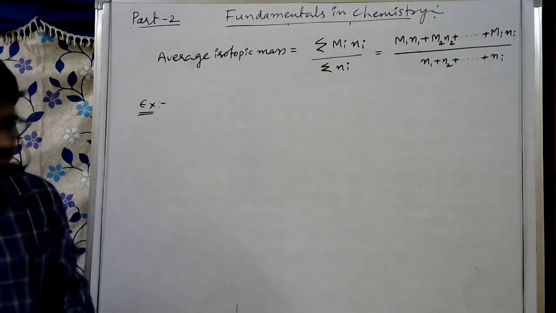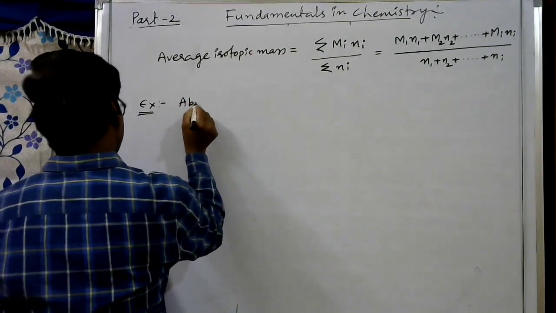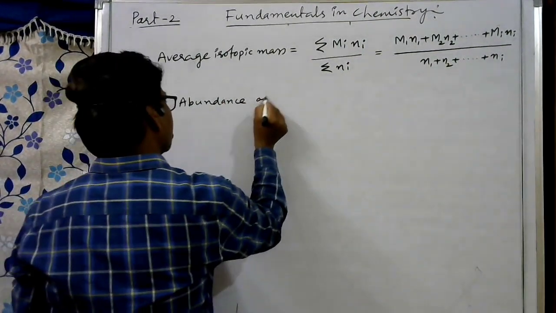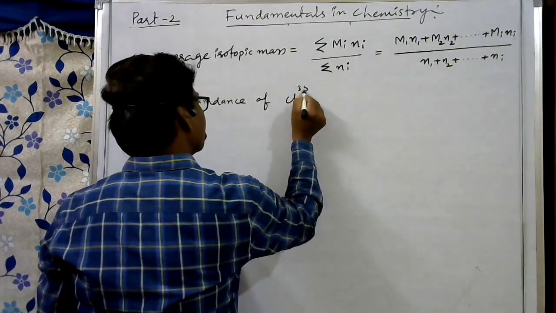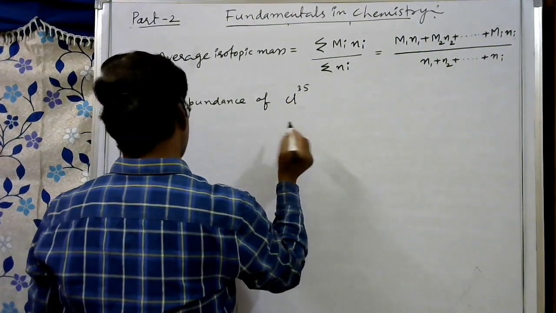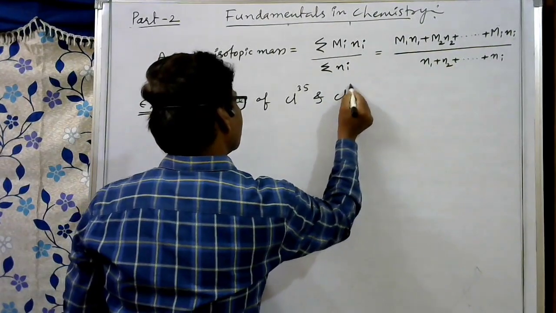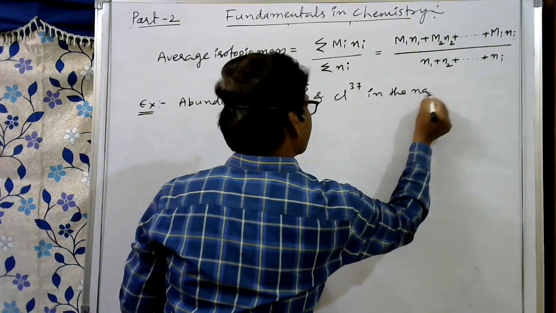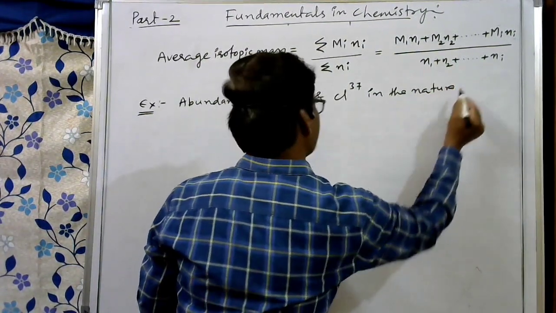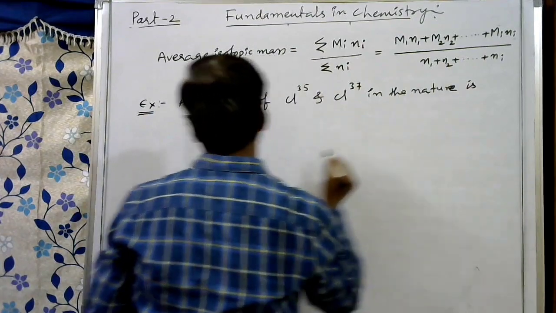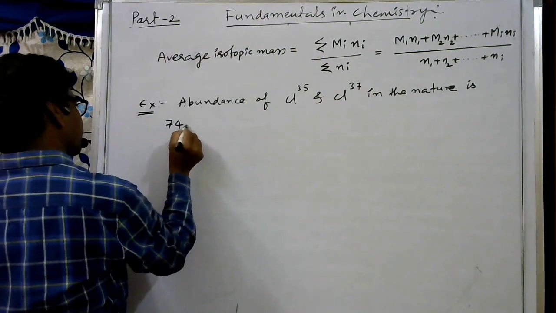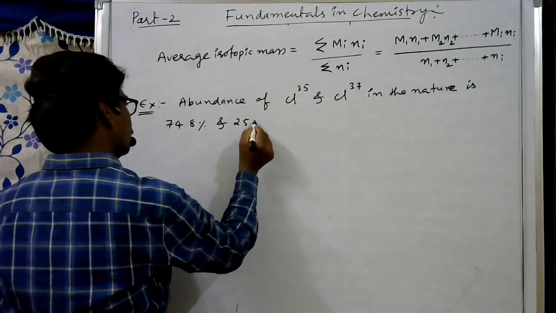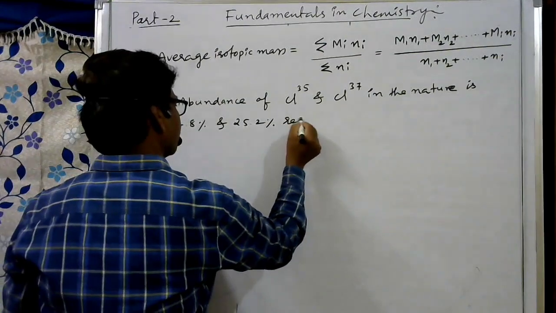The abundance of chlorine 35, whose atomic number is 17, and chlorine 37 in nature is 74.8% and 25.2% respectively.